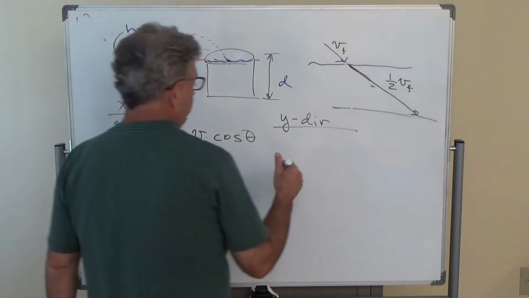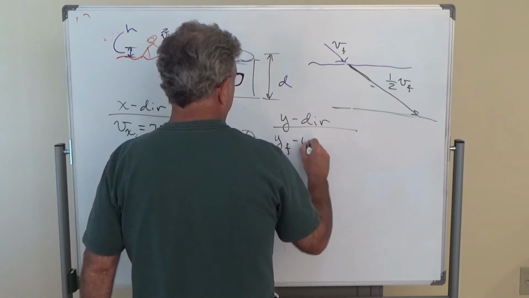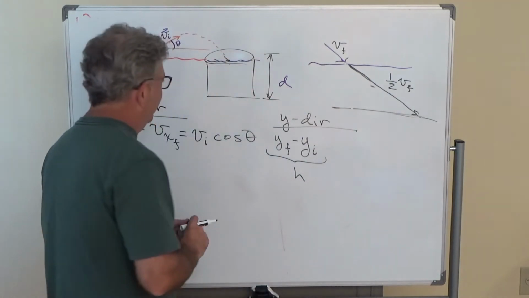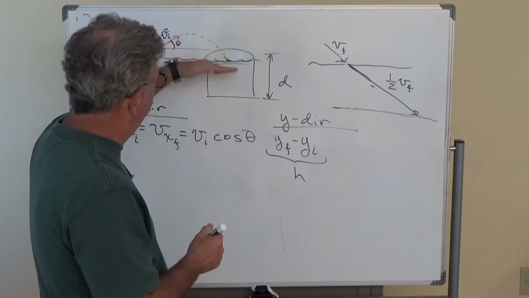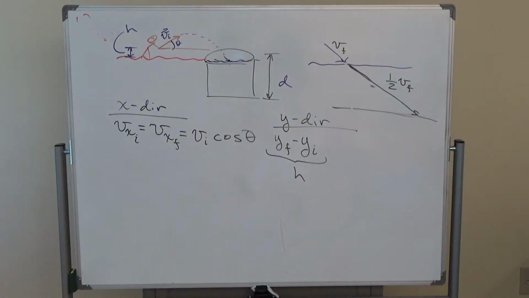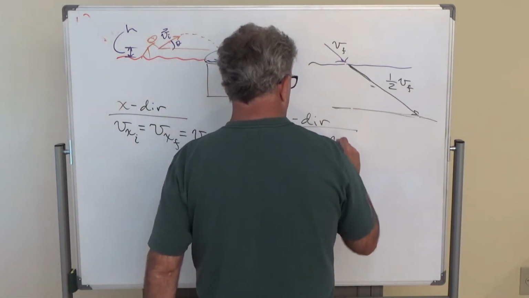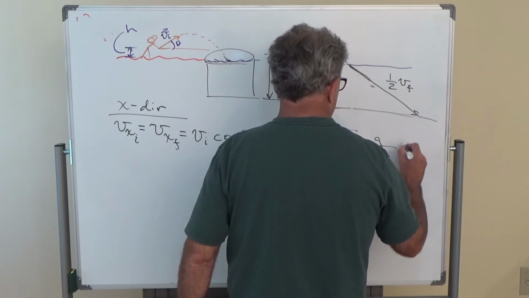So in the y direction, I know that y final minus y initial, which is h, that's the difference from where it leaves his hand to the top of the water. And I think they give us that as 2.5 meters, right? Okay. That is equal to Vy initial T minus G over 2 T squared.